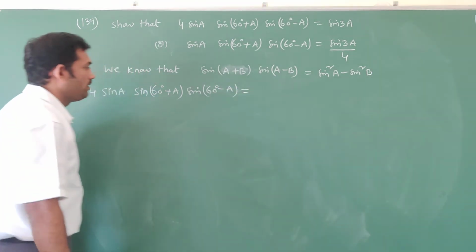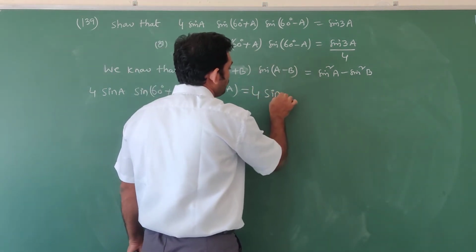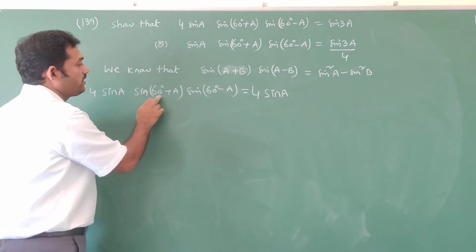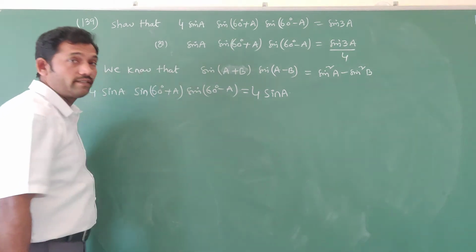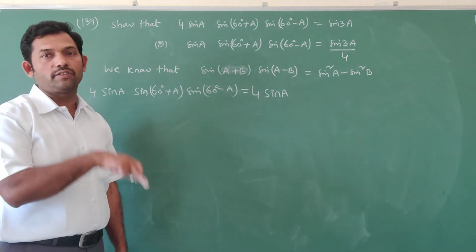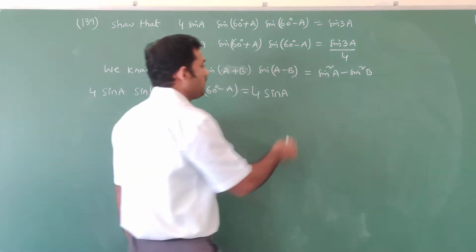Take this value 4 sin A, write as it is. Sin 60 plus A sin 60 minus A means sin A plus B sin A minus B, where A is equal to 60 degrees and B is equal to A. So what happens?